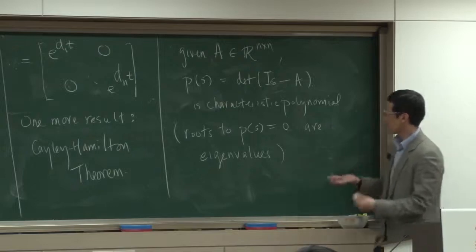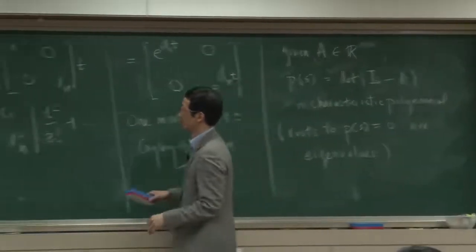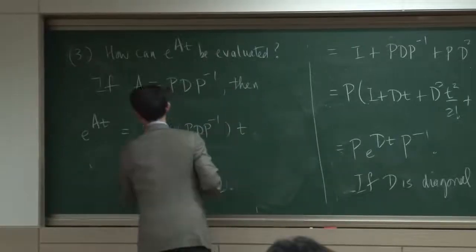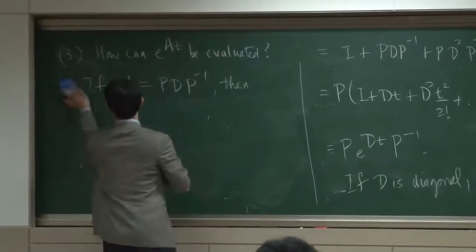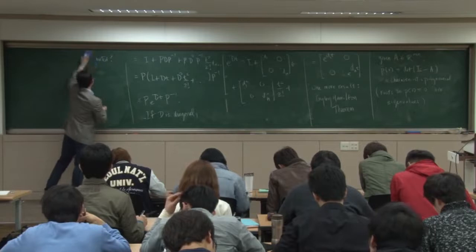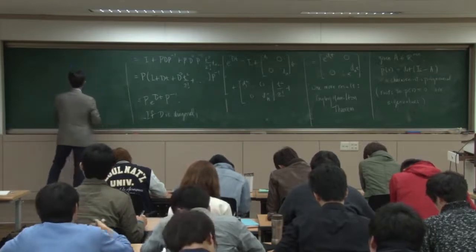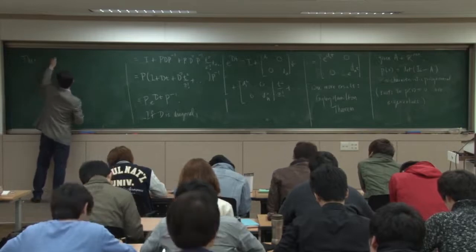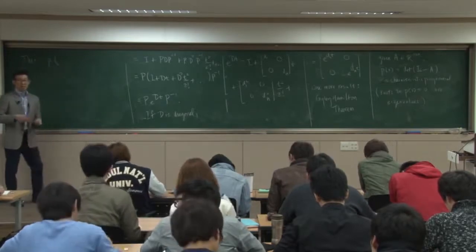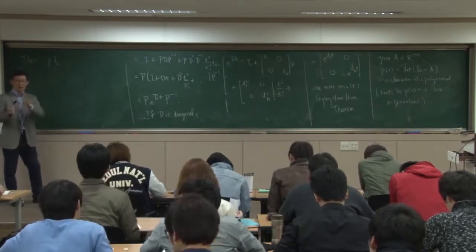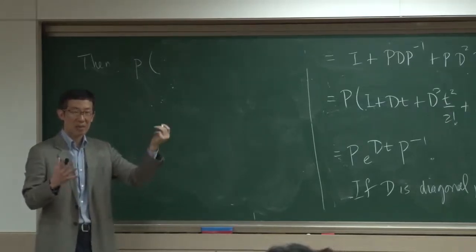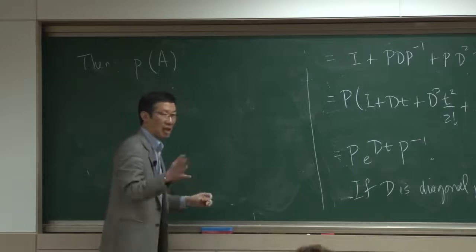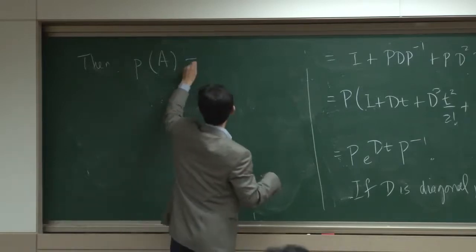So what the Cayley-Hamilton theorem says is the following. If I replace the scalar s by the matrix A, then the Cayley-Hamilton theorem says this is equal to 0.